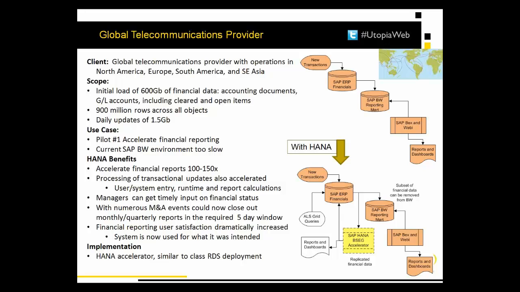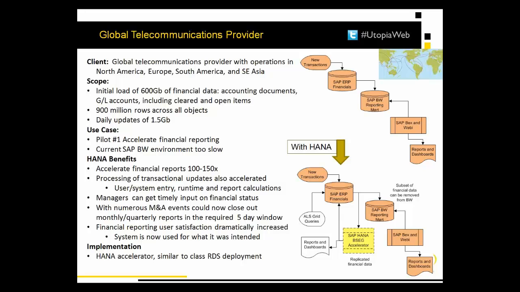And they left their BW reporting mart in existence because there's a lot of other reporting that was being done out of that. But they also replicated the data out of ERP onto SAP HANA and used that as an accelerator for the BSEG reports and the BSEG data.